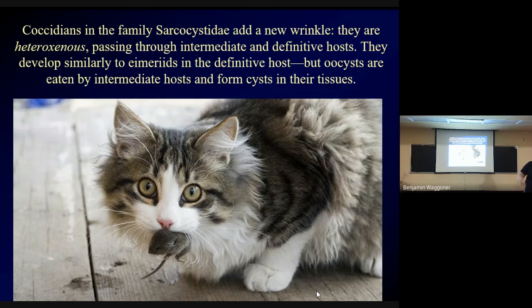It will spend all of its life cycle inside a chicken or puppy, or rabbit's another one that can get coccidia a lot. But coccidians in the family Sarcocystidae have two hosts instead of one. They're heterogenous, and here you've got both hosts. This cat that is in the process of eating a mouse.